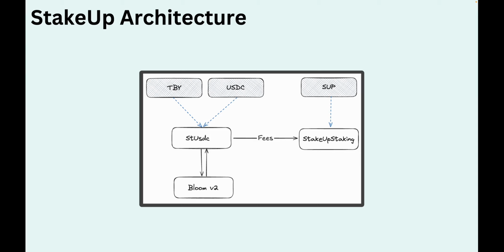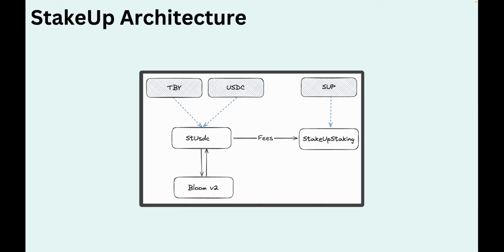Now that we've seen how the Bloom v2 code works, let's take a look at StakeUp's architecture, which builds on top of Bloom. A high-level architecture overview of StakeUp can be broken down into two pieces, STUSDC and StakeUp staking. While there are many auxiliary contracts within the StakeUp ecosystem, the core features of the protocol can be broken down into these two pieces.